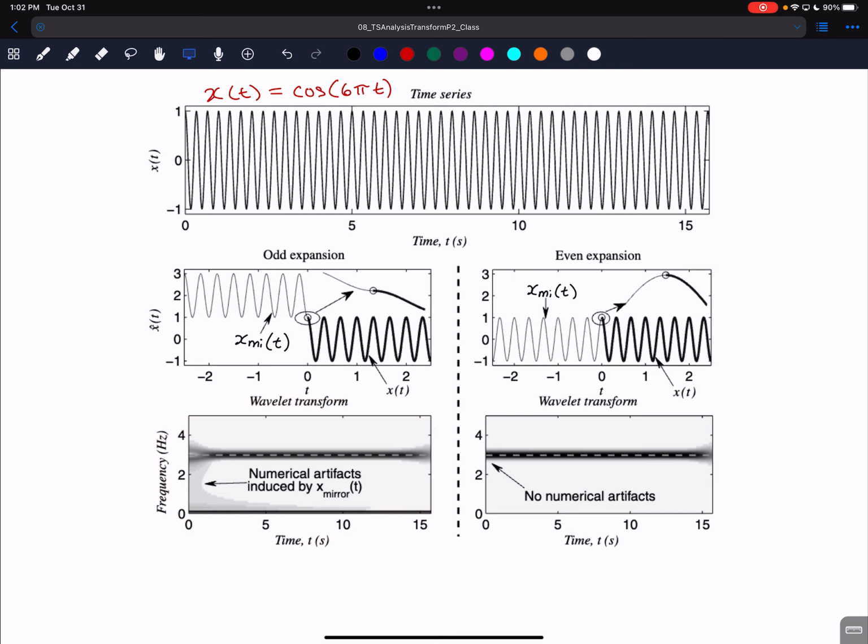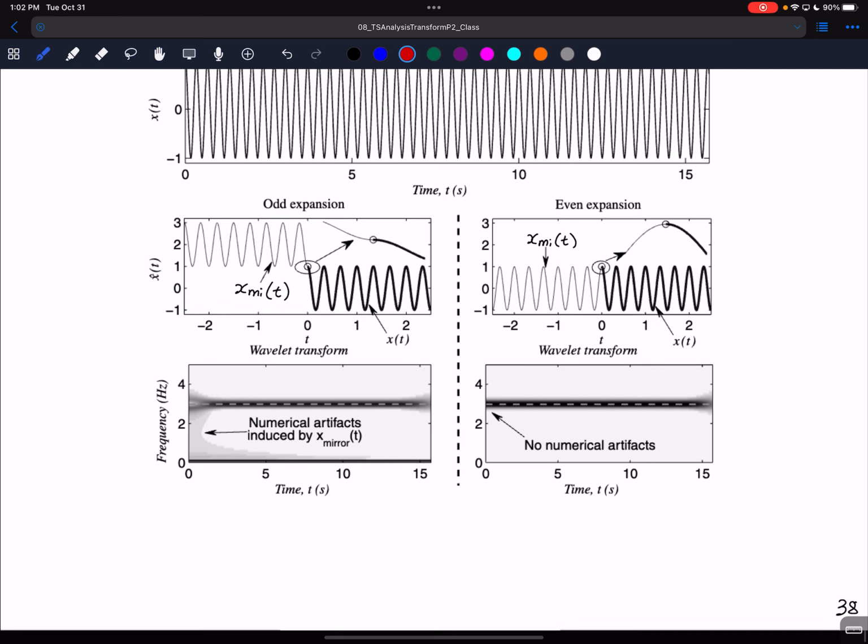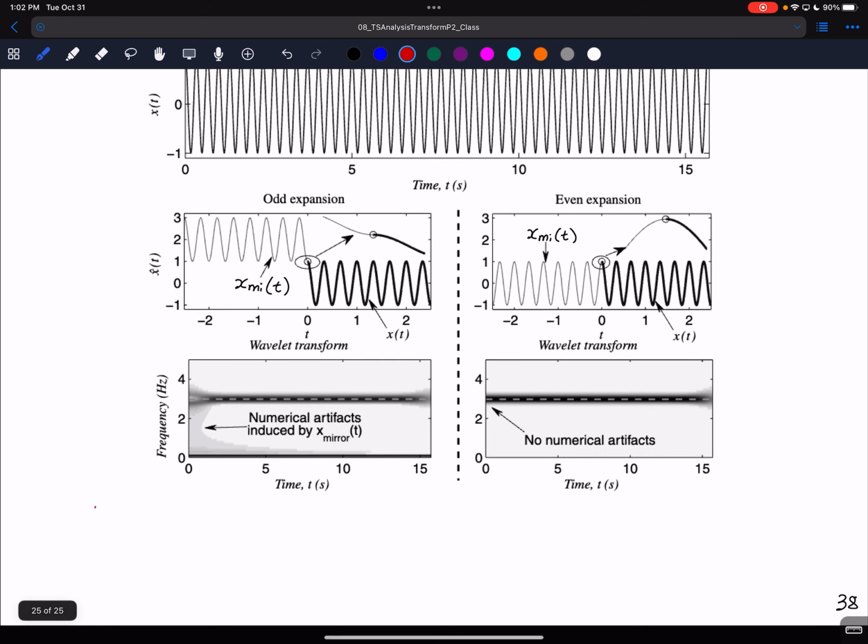You also have the option of not using mirroring. In any of the codes that I have given you, if you supply E, this gives even mirroring.